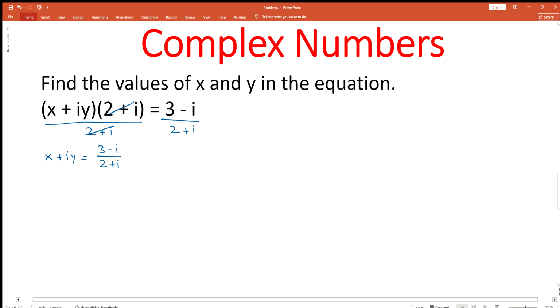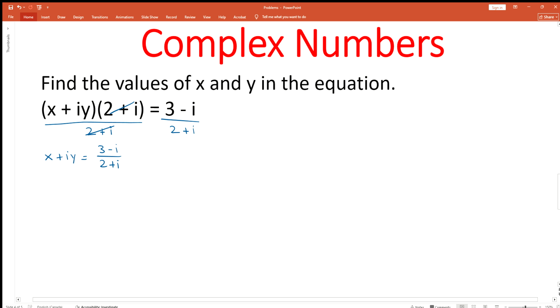Now we have to change the fraction (3 minus i) over (2 plus i) into the standard form a plus bi because we'll be able to use the form a plus bi to find the values of x and y. For that we have to use the conjugate method. We should multiply the numerator and the denominator of this fraction by the conjugate of the denominator because we want to get rid of the i in the denominator.